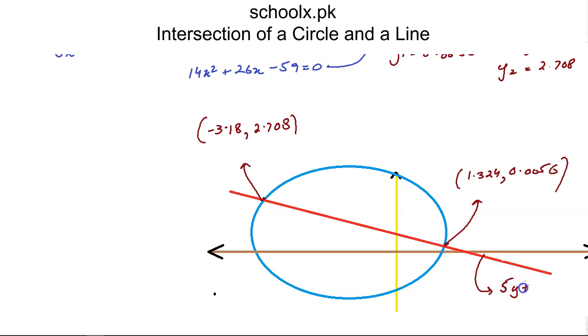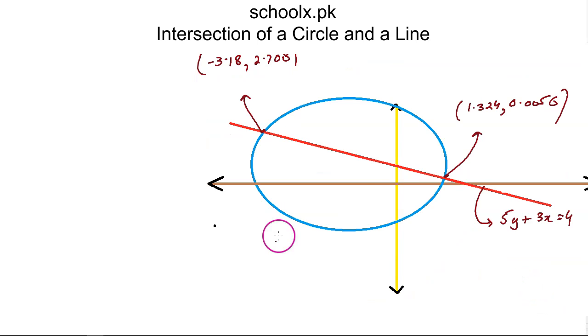Now this is actually the line 5y plus 3x equals 4, or if I write this in general form, I'll get y equals 4 by 5 minus 3 by 5x. 4 by 5 is the y intercept, which is c, and its gradient is negative 3 by 5.